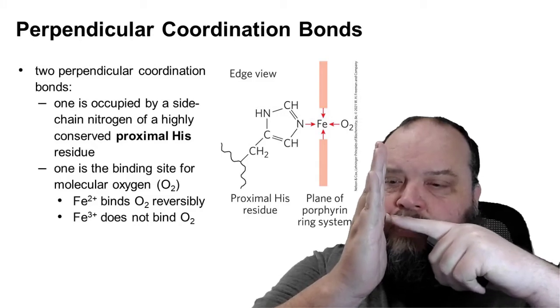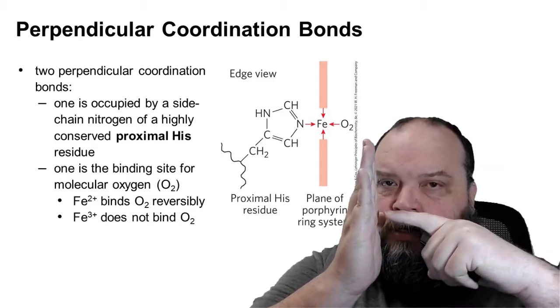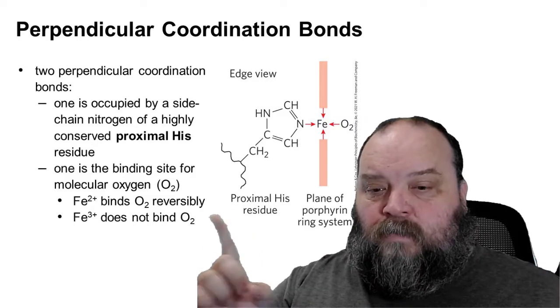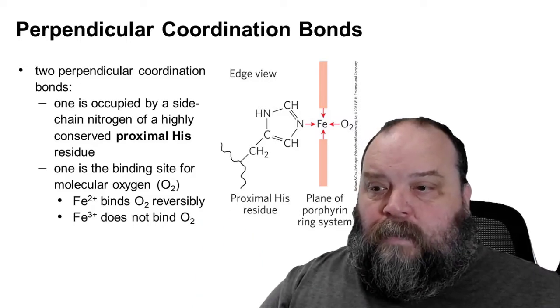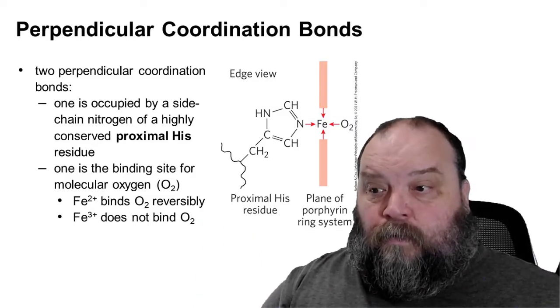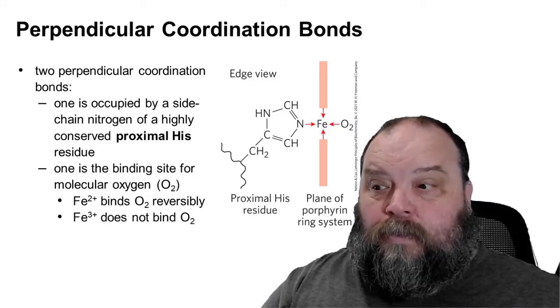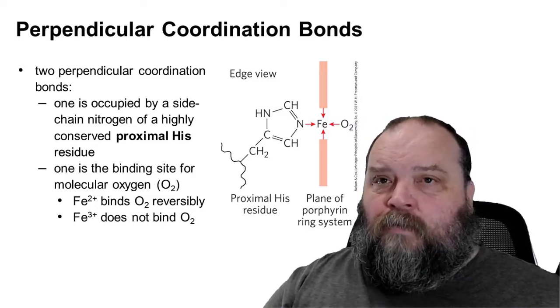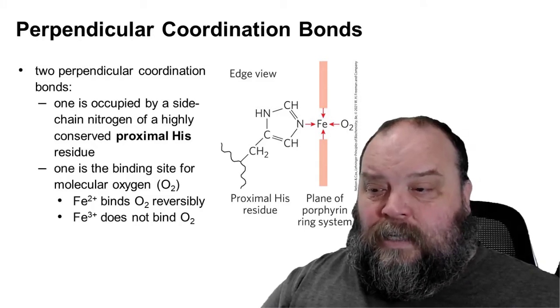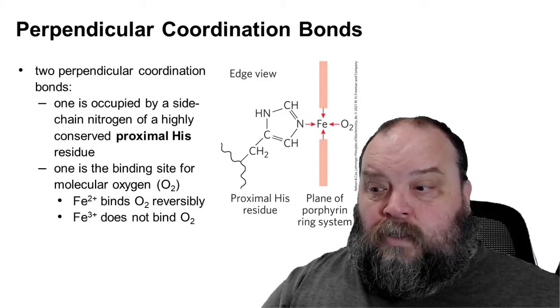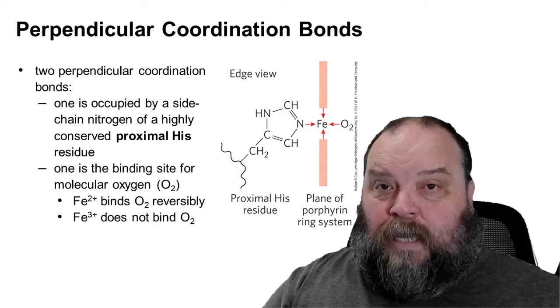The R group of histidine is oriented in such a way, as we see here in this figure, that the nitrogen from the histidine R group can interact with the iron. They refer to this as the proximal histidine. It's going to interact. It's going to stabilize.